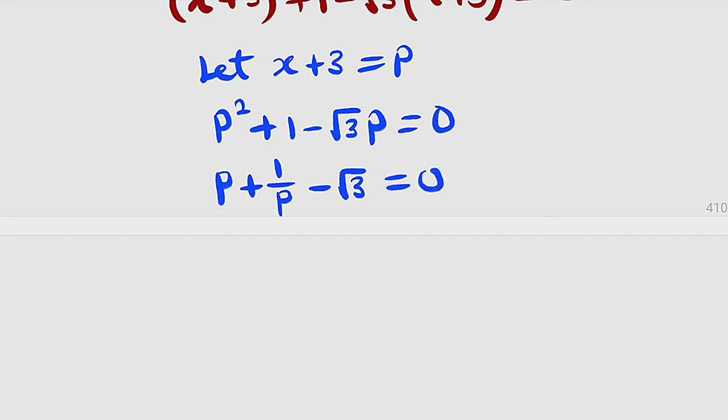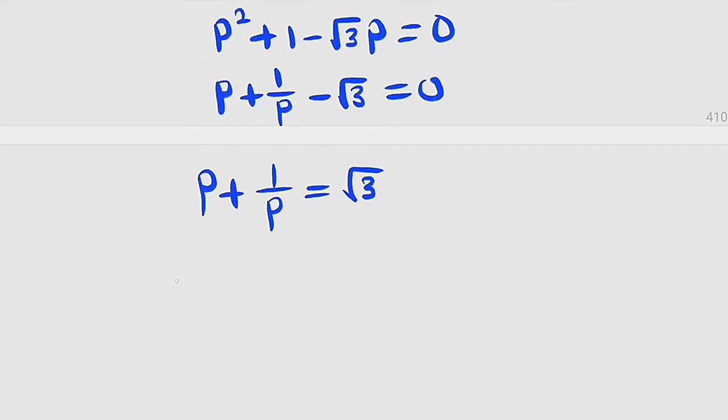Now let us take minus root 3 to the right hand side. So we have p plus 1 divided by p equal to positive root 3. Now I would like to cube both sides. (p plus 1 divided by p) all to the power of 3 is equal to root 3 to the power of 3.